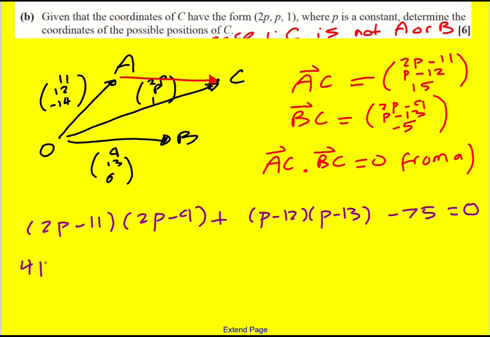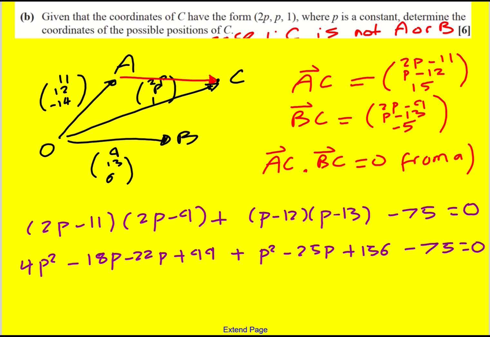Multiply the brackets out: 4P squared minus 18P minus 22P plus 99, plus P squared minus 25P, 12 squared is 144, if you add on another 12, you get 156, minus 75 equals 0. We're going to get 5P squared. This is minus 40P minus 25P, so minus 65P.